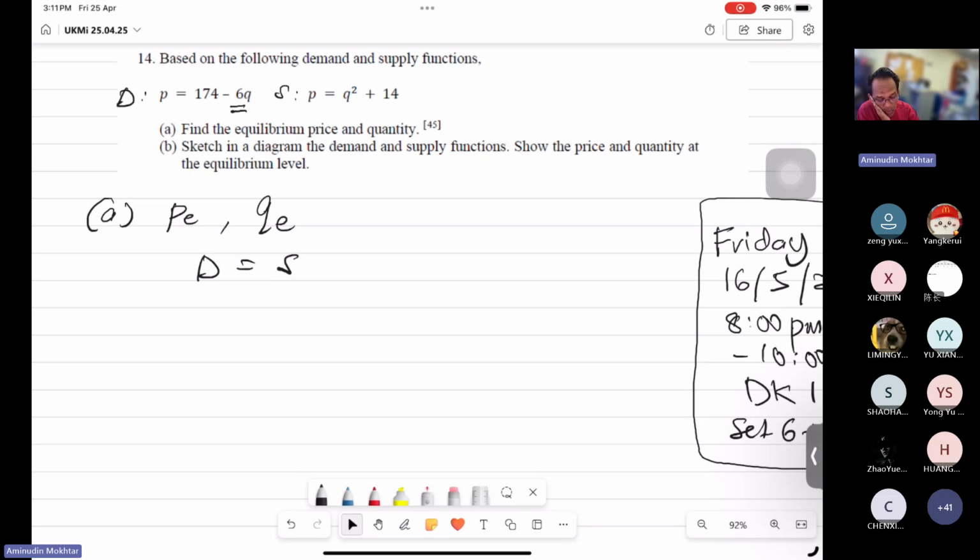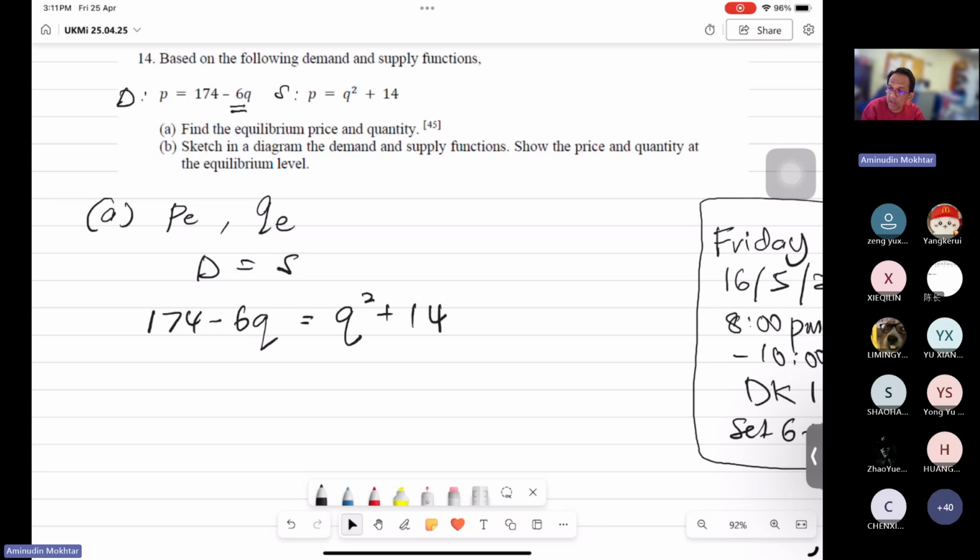So in order to find the equilibrium quantity and equilibrium price, we just put D equal to S. What is D? D is 174 minus 6Q equal to S. S is Q squared plus 40.